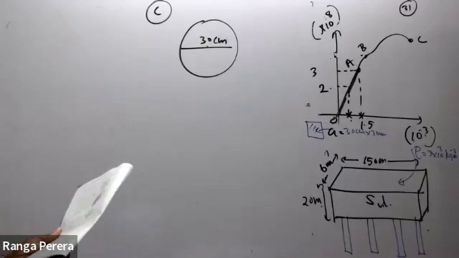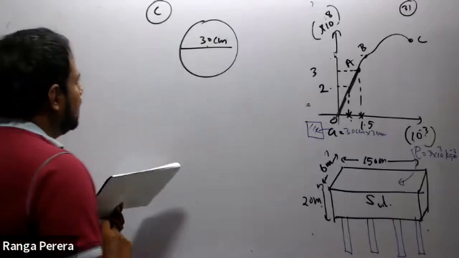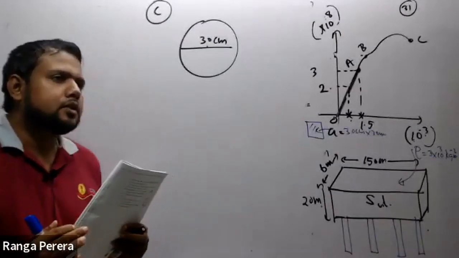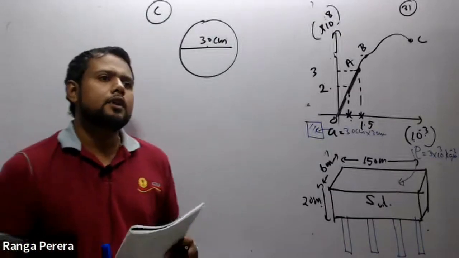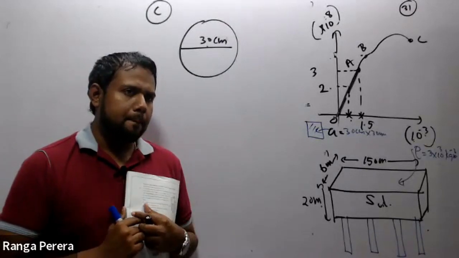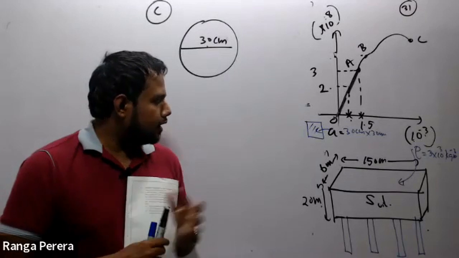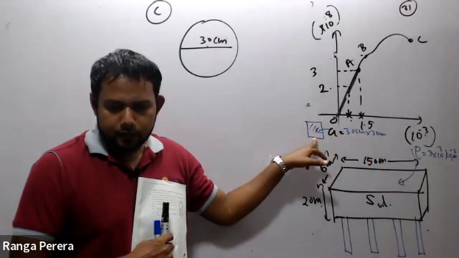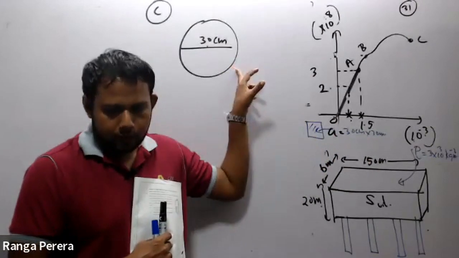Give a reason for your answer. The number of columns depends on the area we selected. For example, the area of this would be 30 into 30. It's a square. Now it's a circular one.